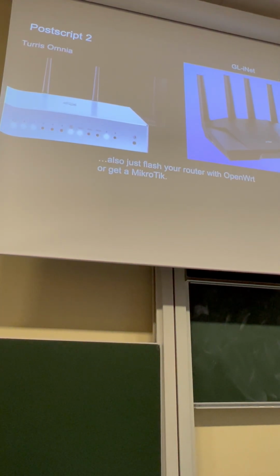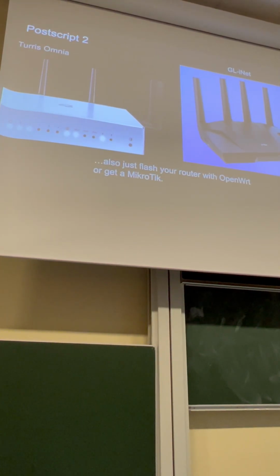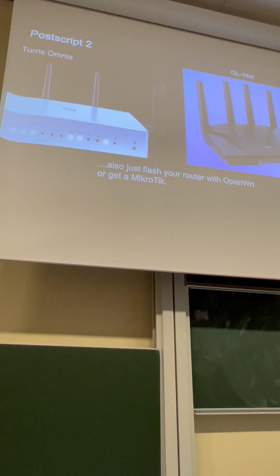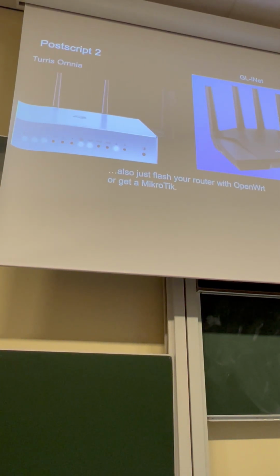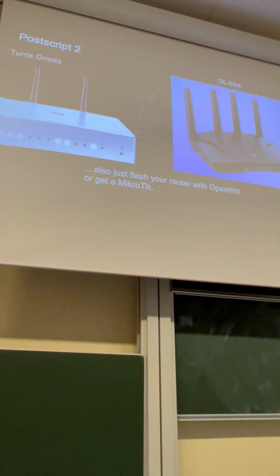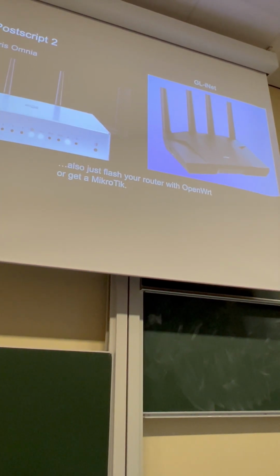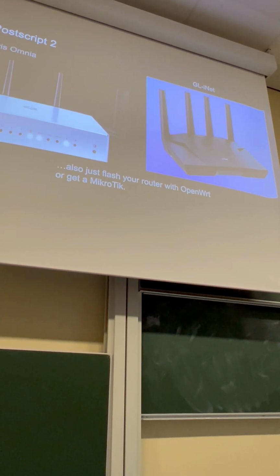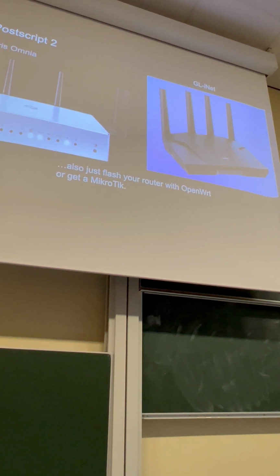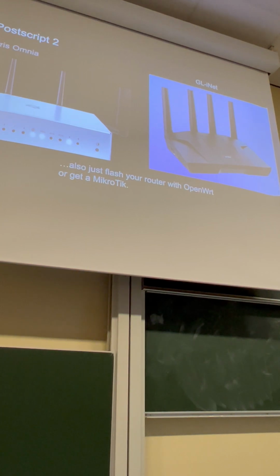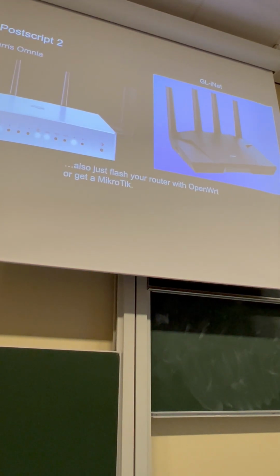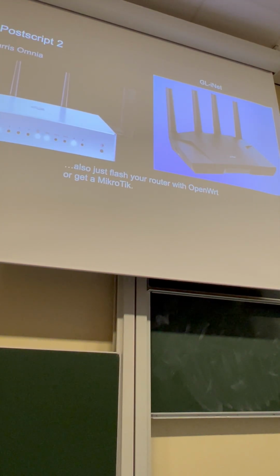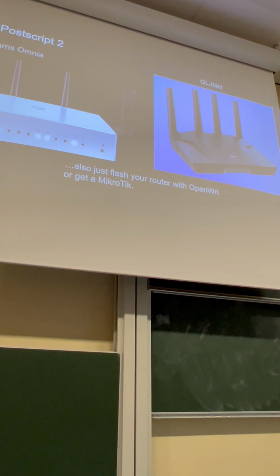Get your routers fixed. OpenWRT, if you know how to do that, it's not that hard. If you don't want to, you can buy a GL.iNet product, that's OpenWRT with some extras, but it's really good. Dave was helping GL.iNet. There is also Turris Omnia. I was working with Turris in the past, and it was the best OpenWRT router I have ever known.